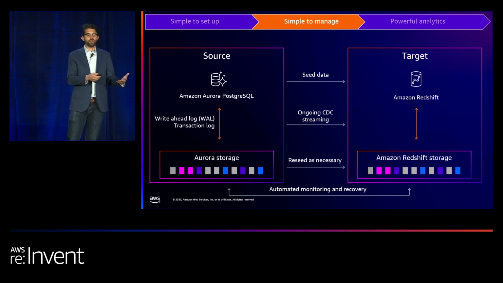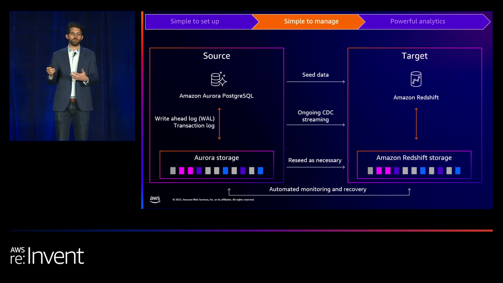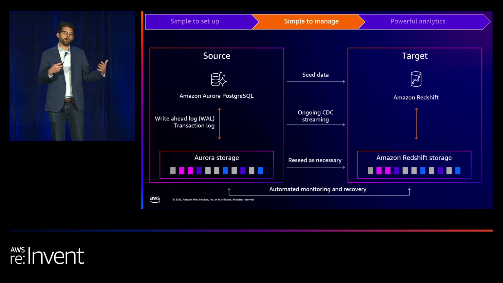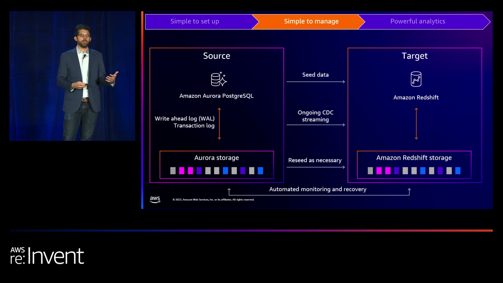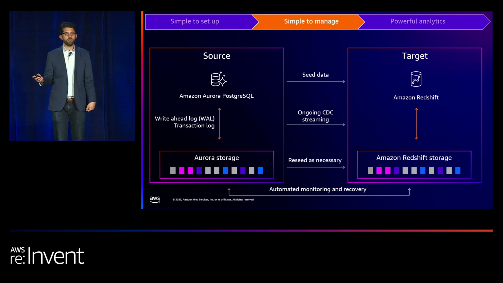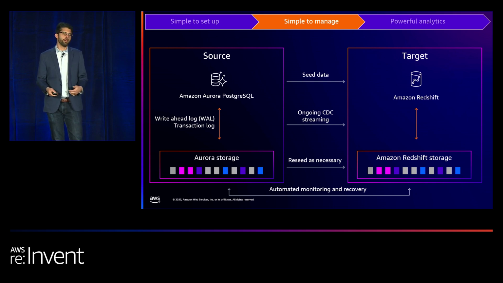And so we take another export and we load that into Redshift to make sure that the data and the data structure, the schema on the Aurora side, is the same as that on the Redshift side. And all of this is happening behind the scenes, automated.